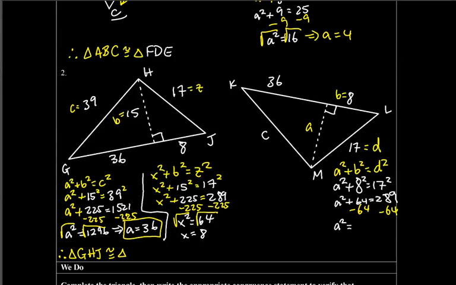A squared equals, let's see, 225. Square root that all. A equals 15. Okay, great. So we got that.